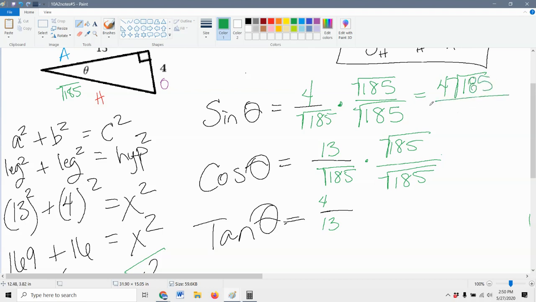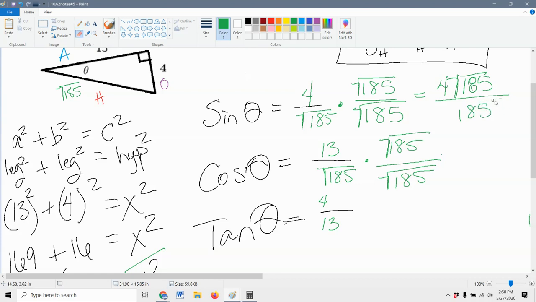And on the bottom, we'll end up with the square root of 185 times itself, squared. That square does away with our square root, so what we end up with is just 185.